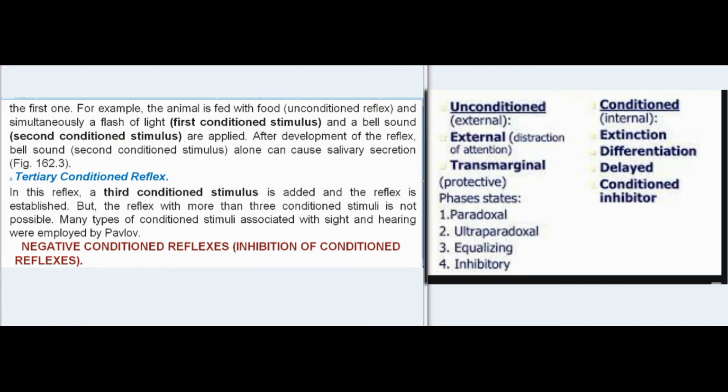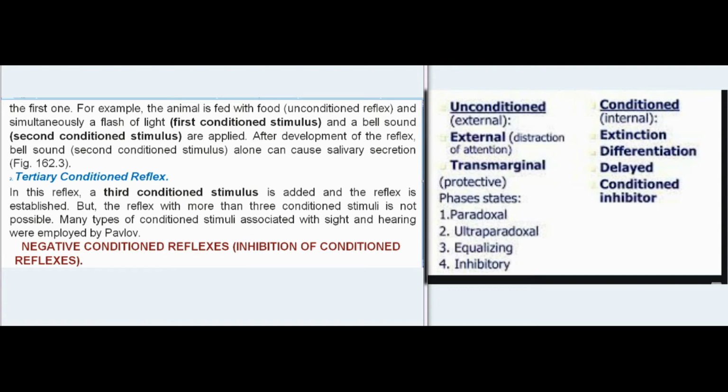After development of the reflex, bell sound, second conditioned stimulus, alone can cause salivary secretion, Fig. 162.3. Tertiary conditioned reflex. In this reflex, a third conditioned stimulus is added and the reflex is established. But, the reflex with more than three conditioned stimuli is not possible. Many types of conditioned stimuli associated with sight and hearing were employed by Pavlov.